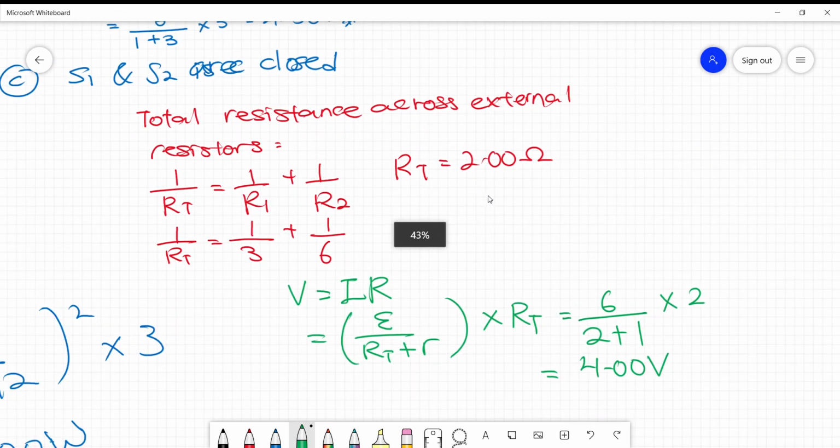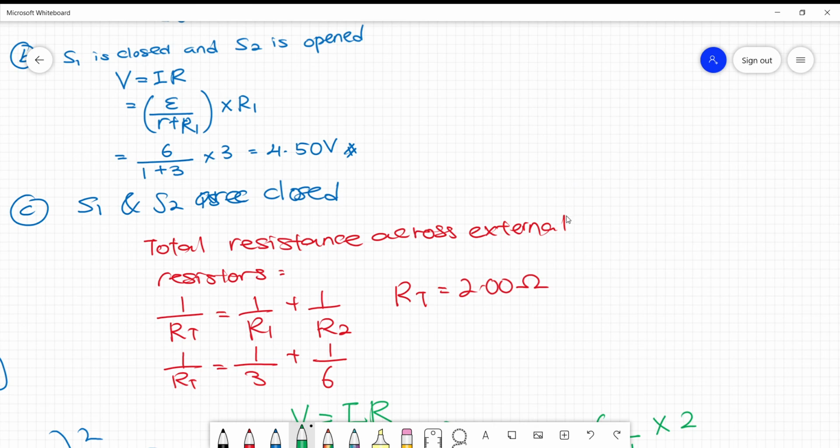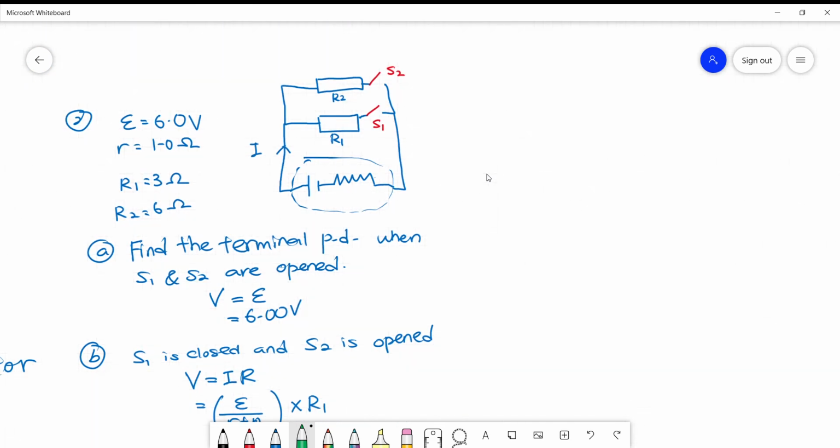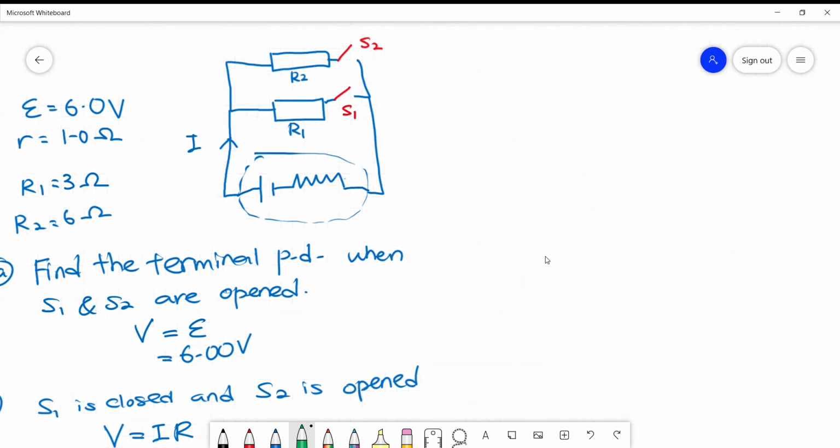If both switches are closed, it means that the resistors are more than 1. When there is more than one resistor, we need to find the total resistance of the external resistors.